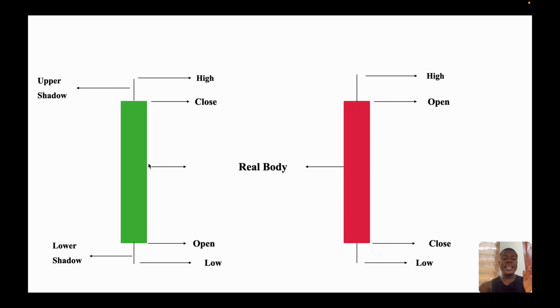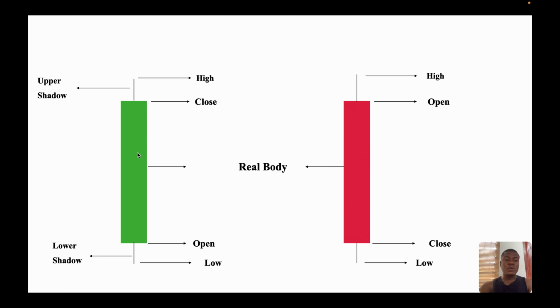Each candlestick you see on any financial chart represents a specific time frame. It could be 1 minute, 5 minutes, 15 minutes, 30 minutes, an hour, 4 hours, a day, week, months. It depends on the specific time frame you are viewing the price of that asset. So we want to look at the various parts and then how we can analyze.